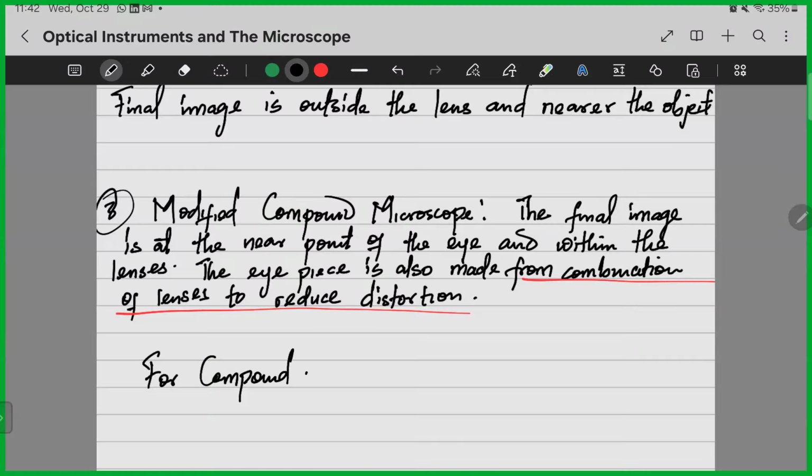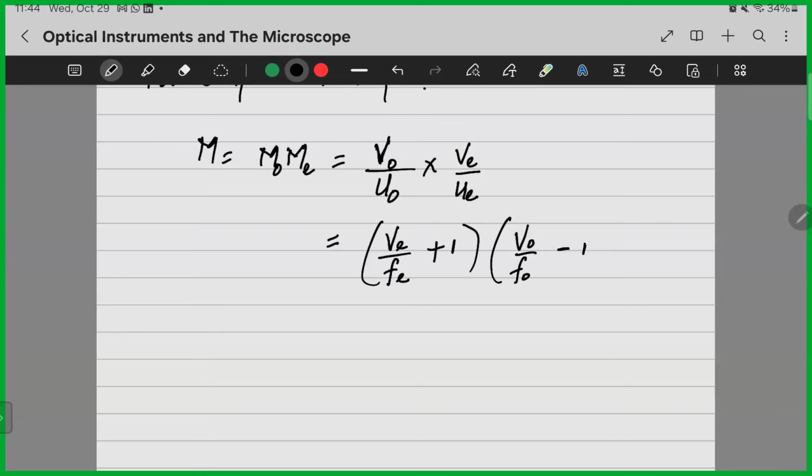Take note of that. Another way of writing this formula is VE over FE plus 1, times VO over FO minus 1.